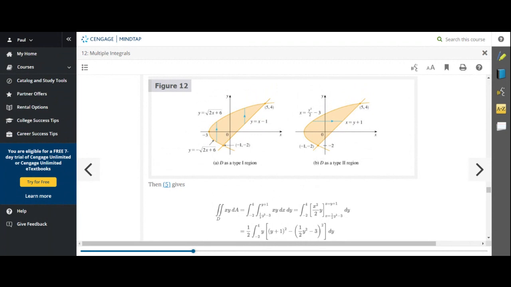This really just gives you an idea of what's going on here in this section. If there are no questions, I'll stop the recording for section 12.3.